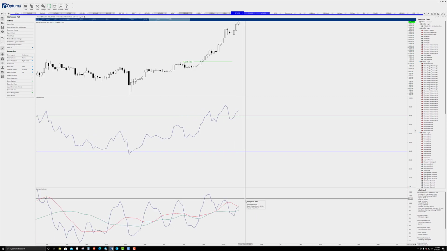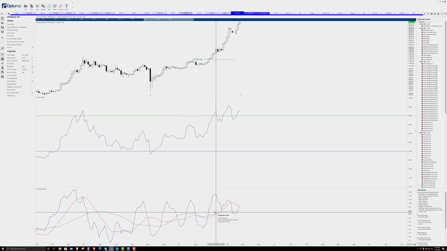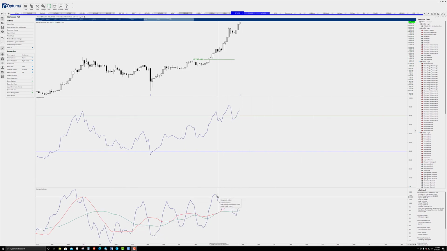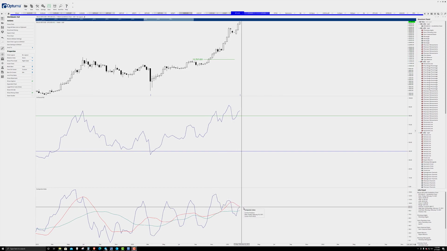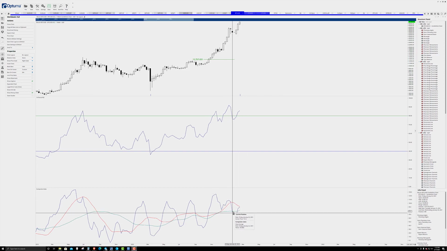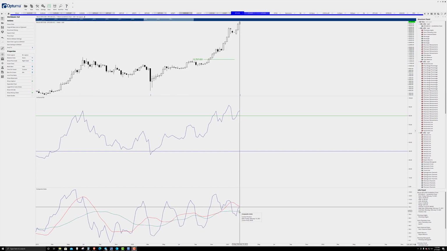But when you look down here at the composite index, we see something a little different. The composite index actually has a bull flag, and it's crossed back above its slow average, and it looks like it could cross its fast average and break above a trend line.